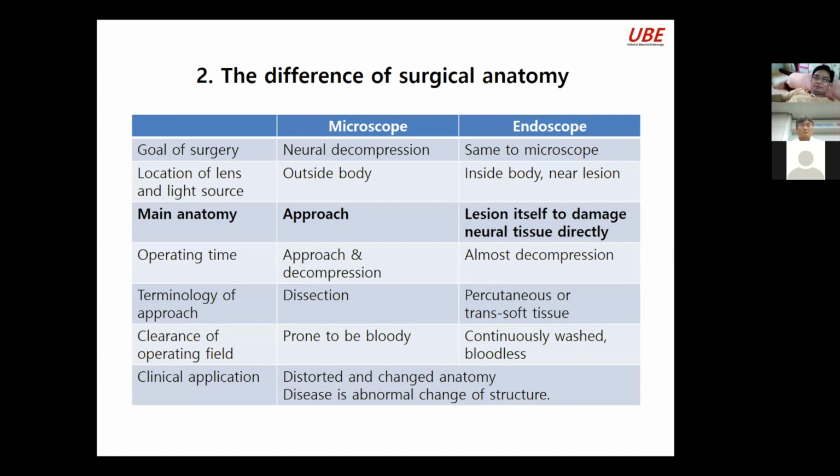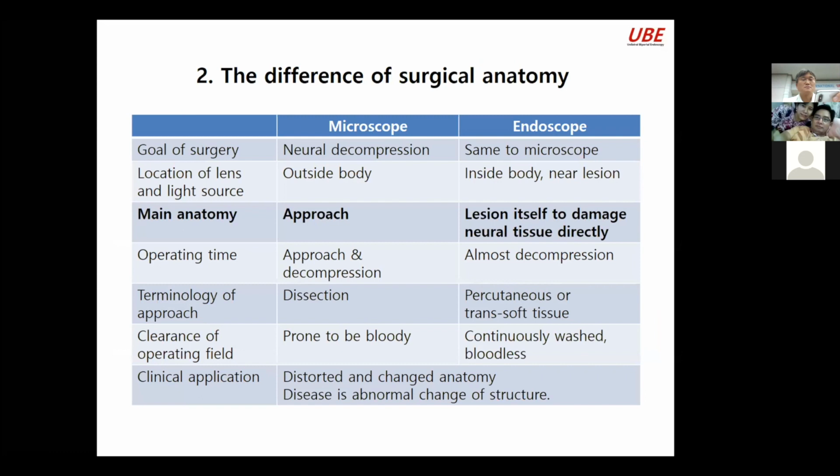So the main concern of anatomy is the approach in microsurgery, but in endoscopy, the lesion itself. Operating time is also different. Operating time is approach plus decompression in microsurgery, but in endoscopy almost only decompression. Terminology is also different: dissection in microsurgery, percutaneous or trans-soft tissue in endoscopy.